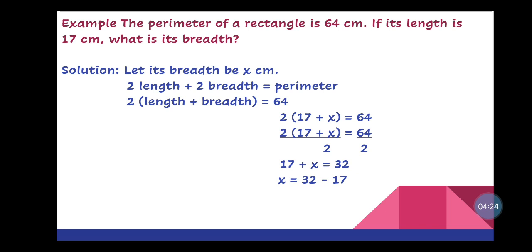Here in LHS part with x is 17 in positive position. So when it goes to RHS part, it becomes negative. So x is equal to 32 minus 17. We'll get x equals to 15. Therefore, the breadth of the rectangle is 15 centimeter.